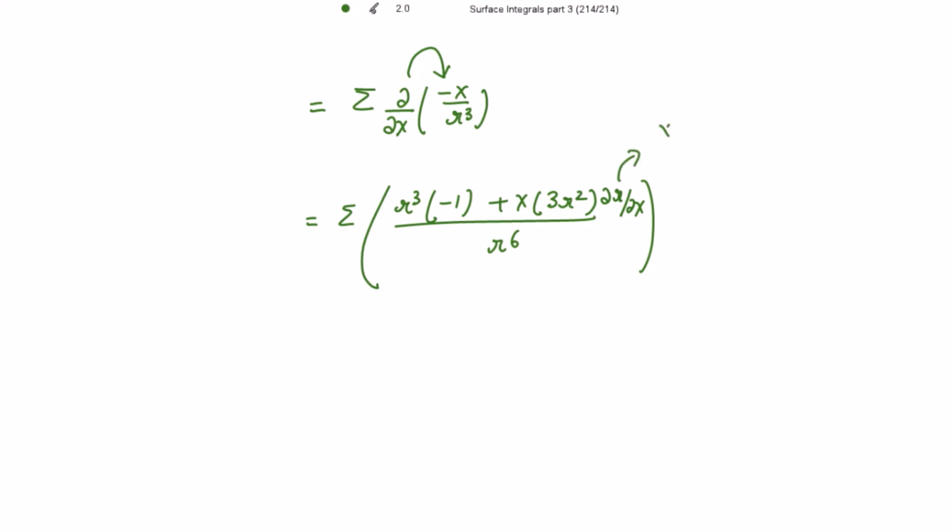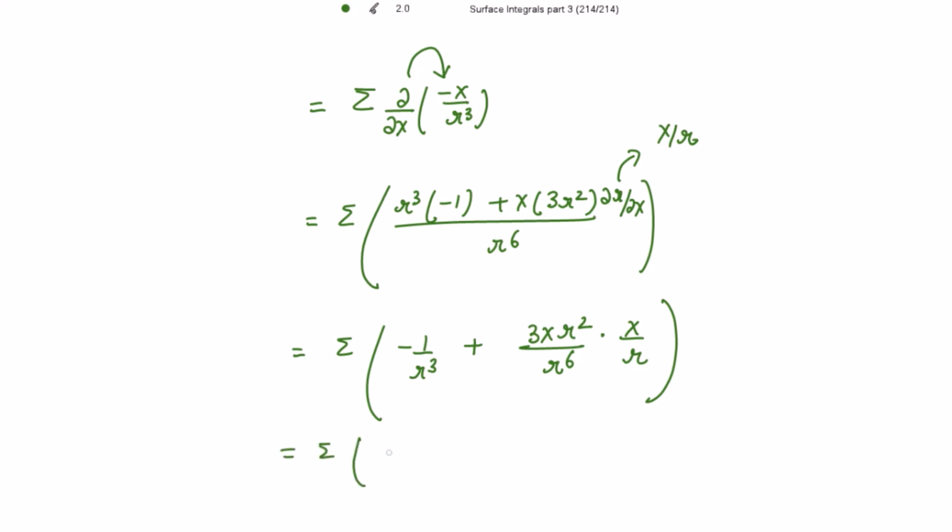This is nothing but x divided by r, right? So if we separate the terms, we get minus 1 by r cubed, plus 3x r squared into x divided by r, and also there is r to the power 6 in the denominator.